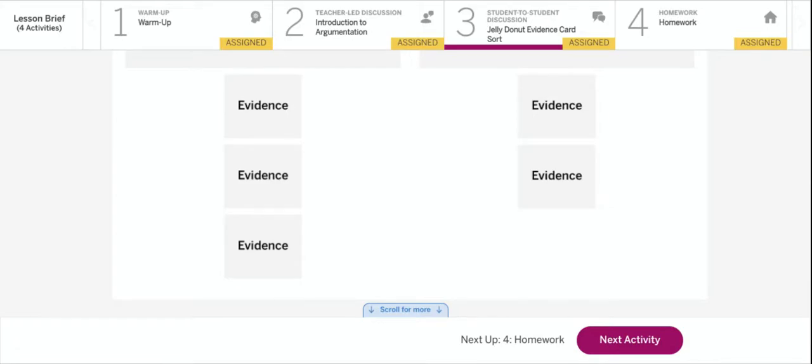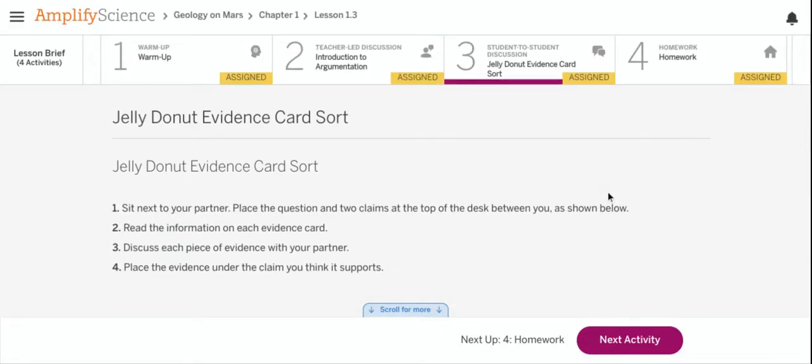Okay? Last Friday, we looked at evidence from aerial images of both flowing lava and flowing water on Earth. Both flowing water and flowing lava change the shape of the land. Now, there are 2 possible claims about the channel on Mars. Claim 1 thinks that the channel was formed by flowing water. Claim 2 thinks that the channel was formed by flowing lava.